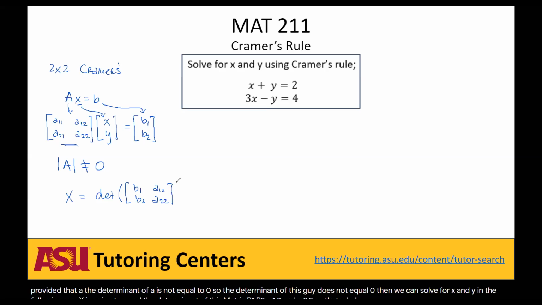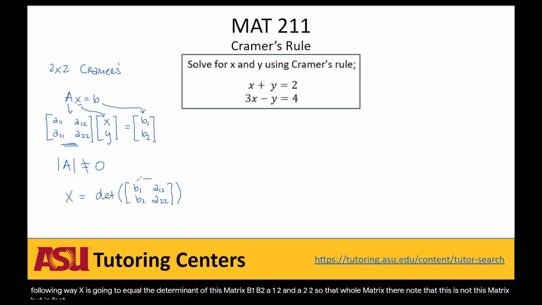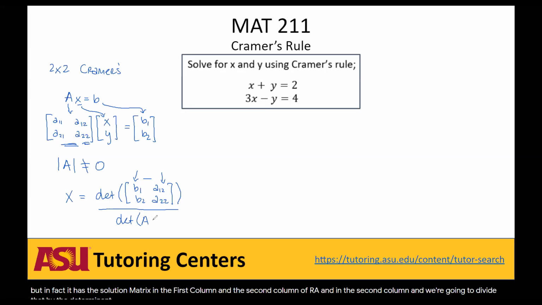So that whole matrix there. Note that this is not this matrix, but in fact, it has the solution matrix in the first column and the second column of our A in the second column. And we're going to divide that by the determinant of A. So whatever this is. And that's why it can't equal 0, otherwise we would be dividing by 0, and that's an undefined value.